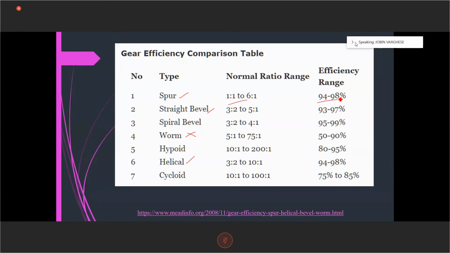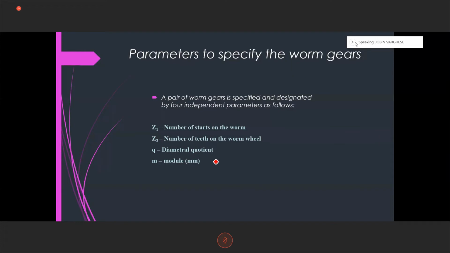Spur gears come up to 98%, straight bevel 97%, and helical gears 94 to 98%. However, worm gears only reach 50 to 90%. Although the efficiency is much lower, worm gears are acceptable in a wide area because of their own different uses.